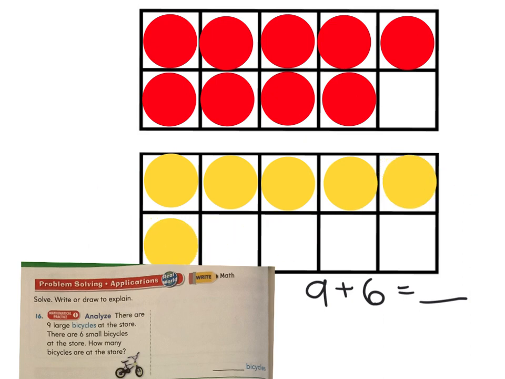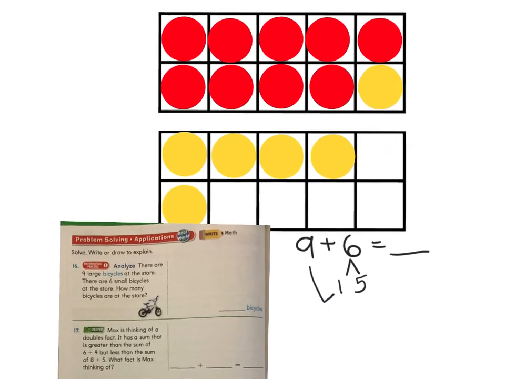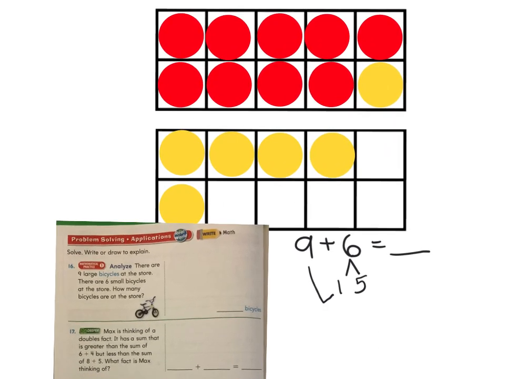Now we can see that we only need to add 1 to get a 10. So that means this 6, we're going to take it apart into 1 and 5. And when we gave that 1 to the 9, how many then do we have? 10.